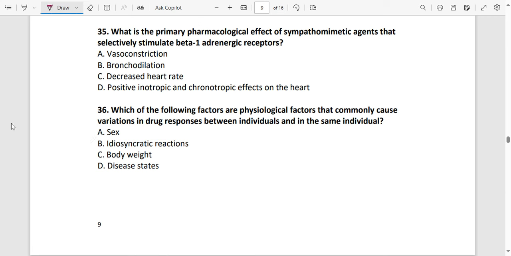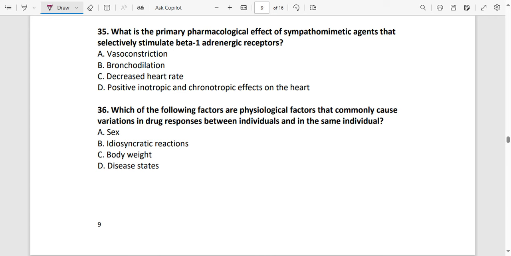36. Which of the following factors are physiological factors that commonly cause variation in a drug response between individuals and in the same individual? Sex, idiosyncratic reaction, body weight, disease state. Anyone that can help us with this one? It's the body weight.